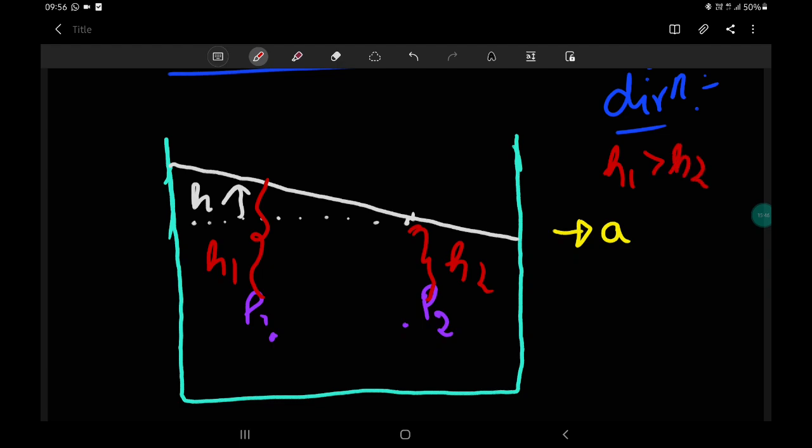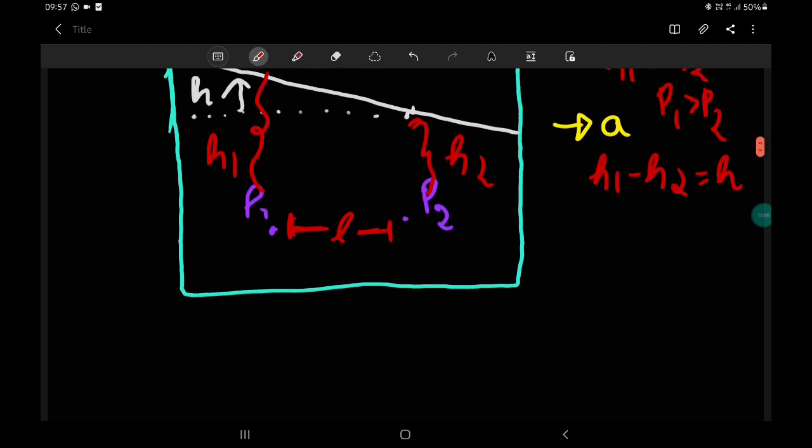Then how can P1 and P2 be equal? If height is more, pressure should be more, so P1 is greater than P2. The difference between h1 and h2 is nothing but this height h, how much the slant height is increased. Let me consider the distance between P1 and P2 to be length L.